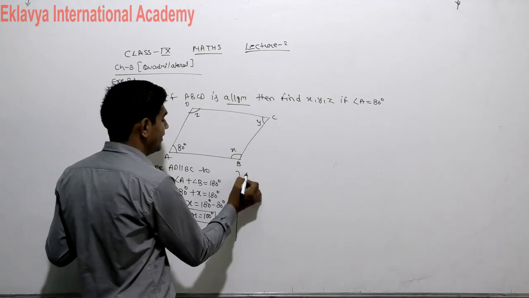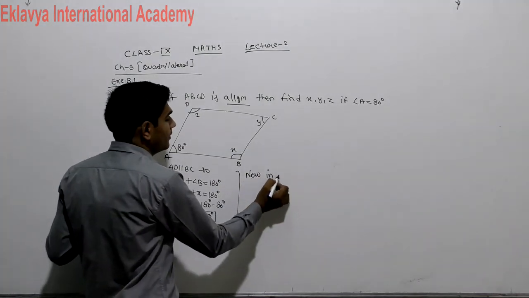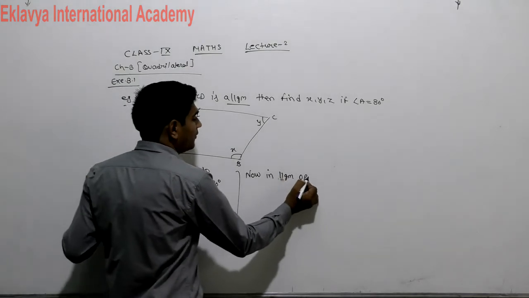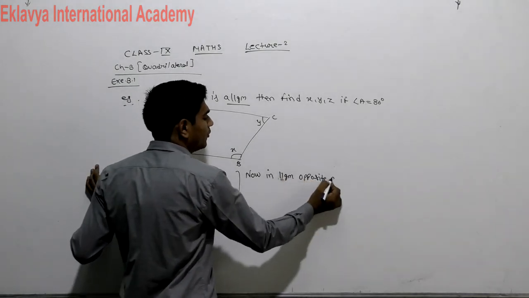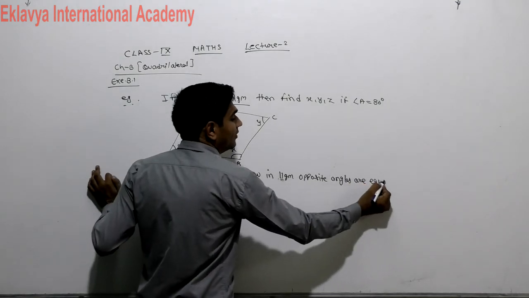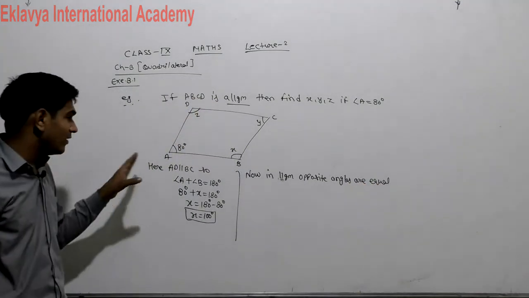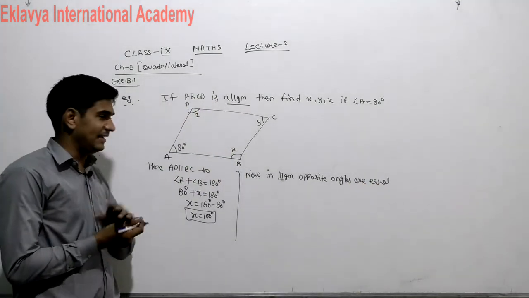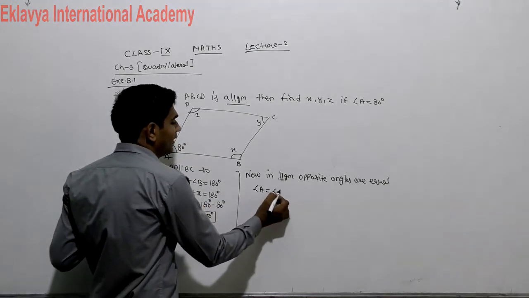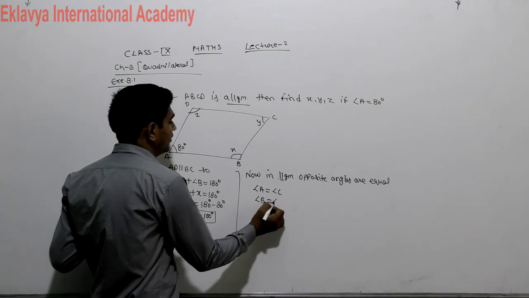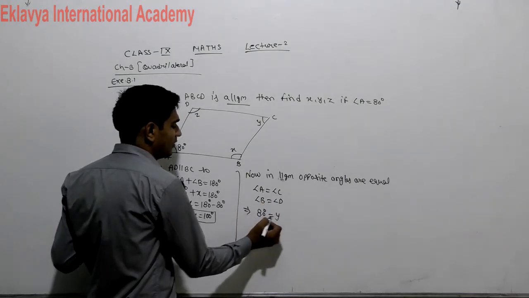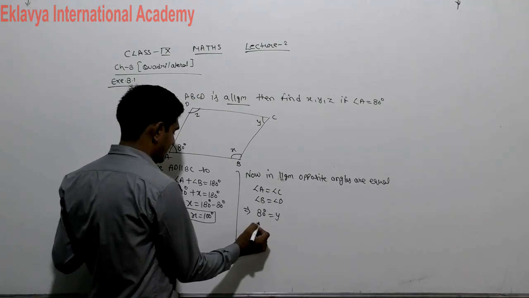Second, now in parallelogram, opposite angles are equal. So angle A is opposite angle C, angle B is opposite angle D. So angle A is equals to angle C and angle B is equals to angle D. So now angle A value 80 degree is equals to Y, and angle B value क्या है?